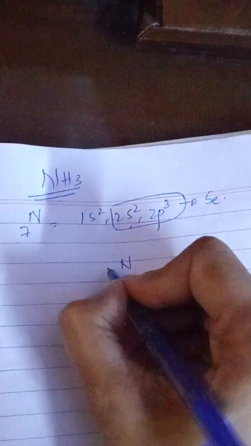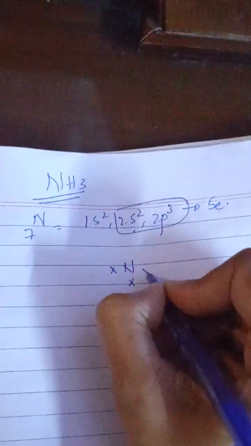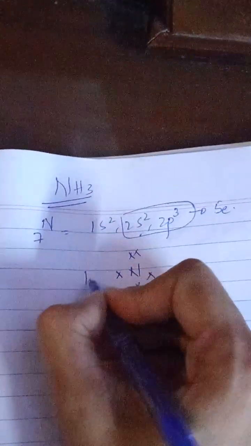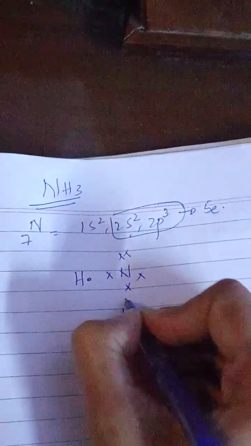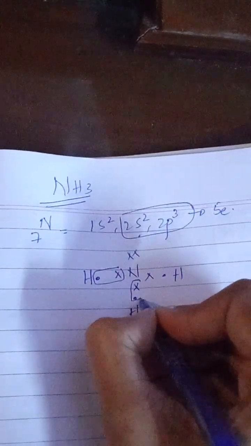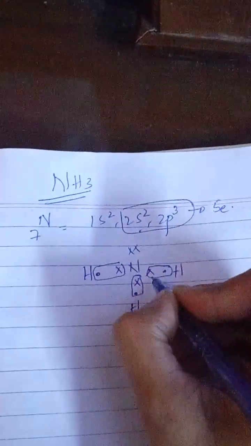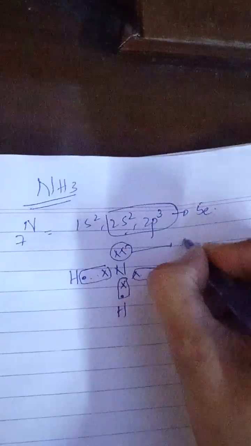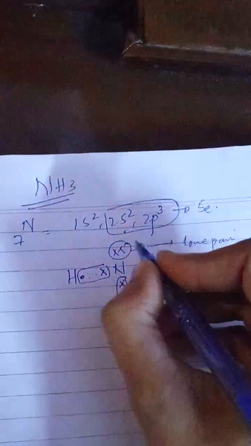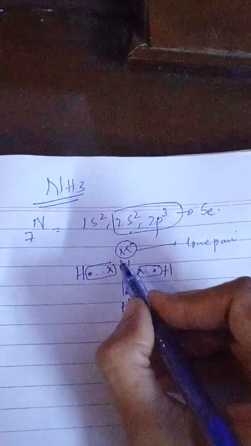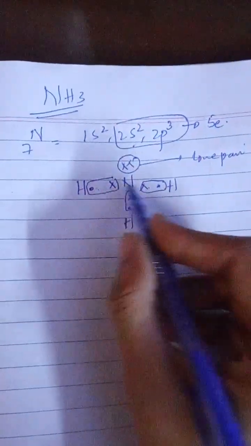In nitrogen, the outermost shell contains 5 electrons, and it utilizes 3 electrons in bonding with 3 hydrogen atoms, making 3 bond pairs. The pair of electrons which is not involved in the bonding is referred to as the lone pair. So this is the example of the lone pair in ammonia: nitrogen contains 1 pair of electrons which is not involved in the bonding, while ammonia contains 3 bond pairs.